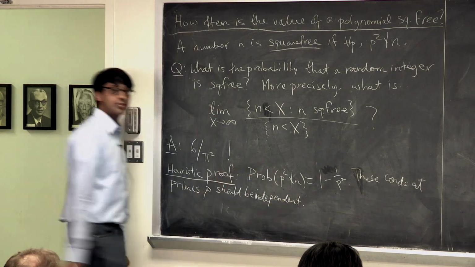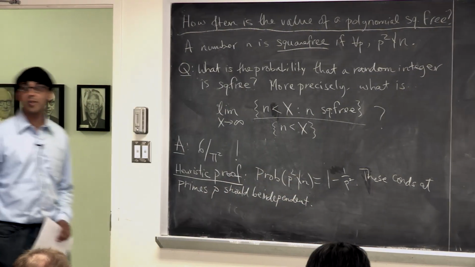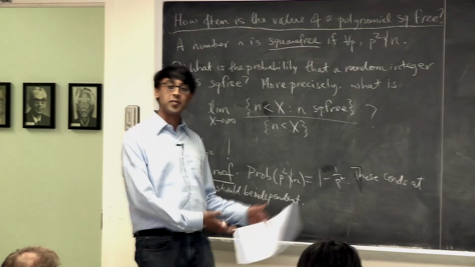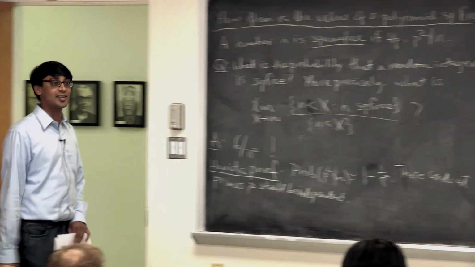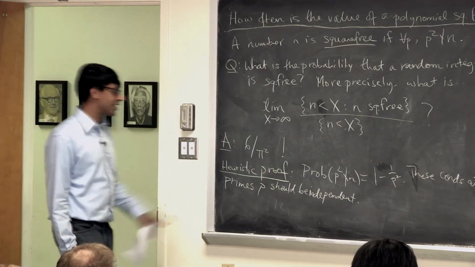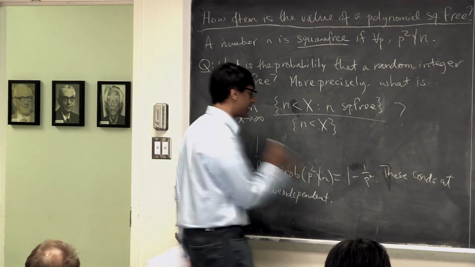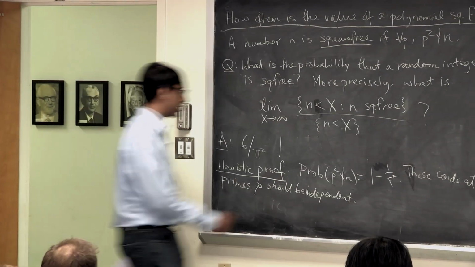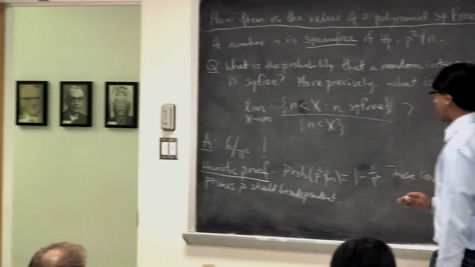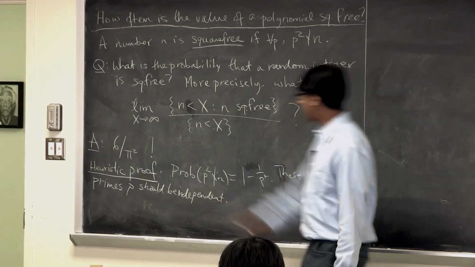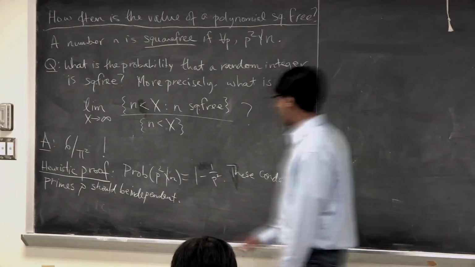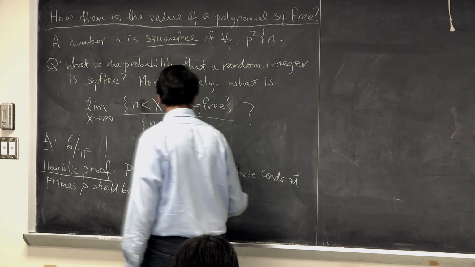And that's rigorously true for any finite set of primes by the Chinese remainder theorem. But for infinitely many primes, of course you can't say that. That's the non-rigorous part of the heuristic argument. It's true for any finite set of primes, not necessarily true for an infinite set of primes. That has to be justified. But for a finite set of primes, it's true.